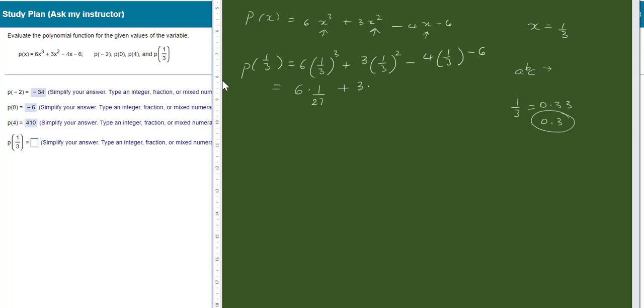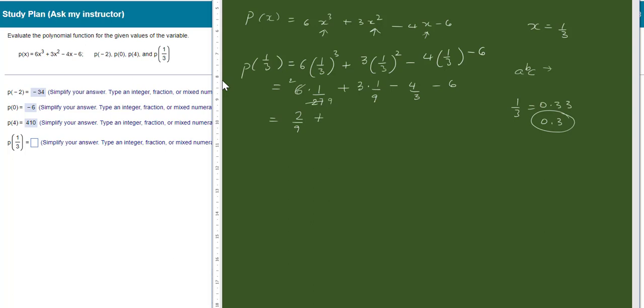And then same thing, 1/9, and 4. If you multiply 4 with a third, it's 4/3, right? And we still have the 6 there. So if we were to reduce the first term, 6 over 27, 3 goes into both numerator and denominator. Get 2/9.